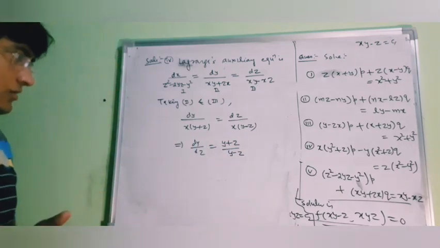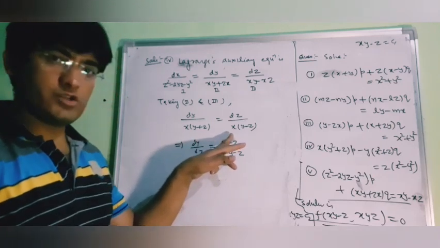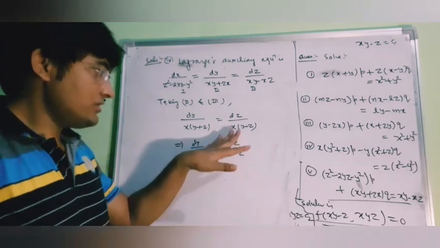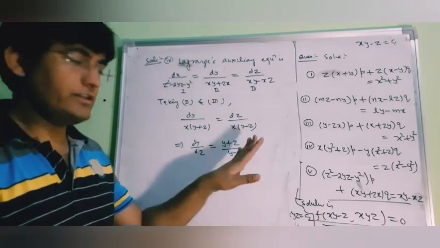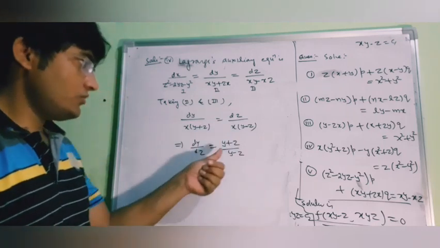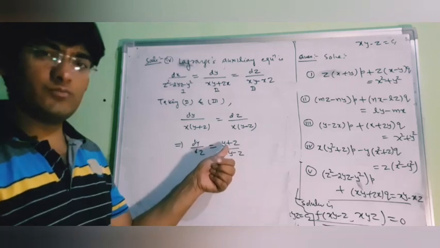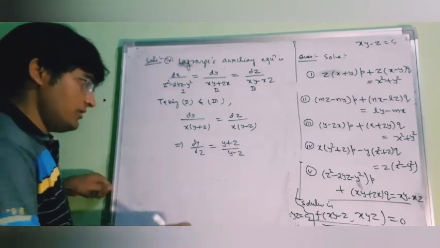Now you can see that here the degree of the numerator is 1 and degree of the denominator is 1. So that means this differential equation is a homogeneous linear differential equation. So one method is that let us assume z equal to some u into y.